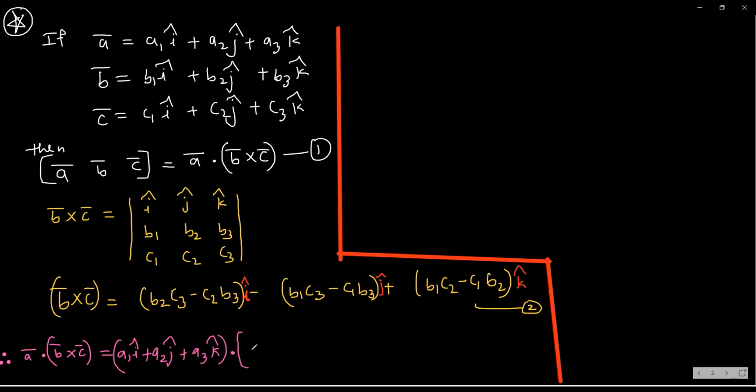What is b bar cross c bar? It is (b2 c3 minus c2 b3) i cap minus (b1 c3 minus c1 b3) j cap plus (b1 c2 minus c1 b2) k cap.